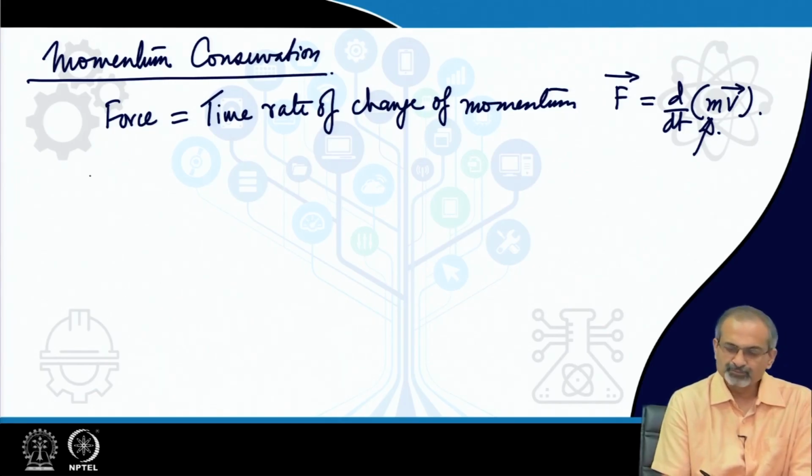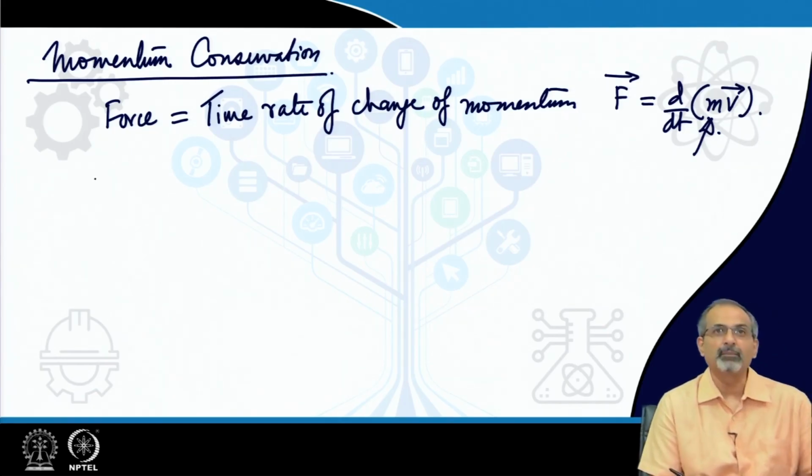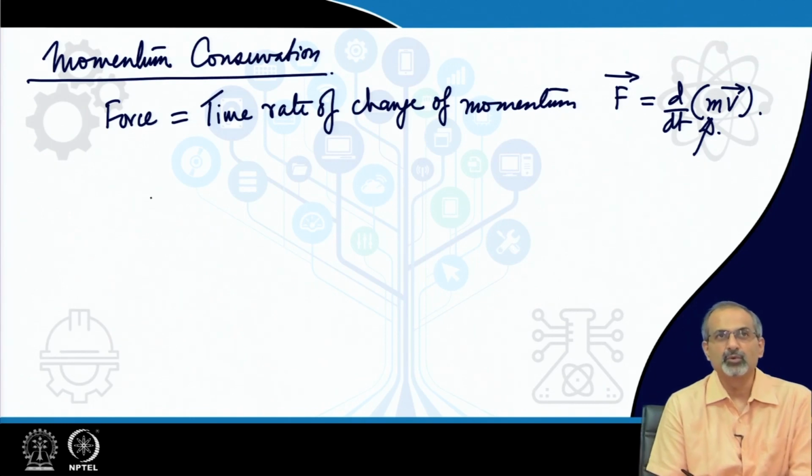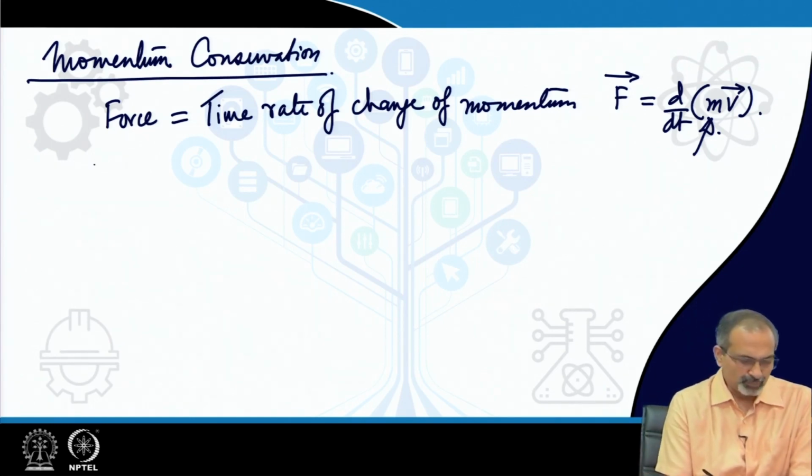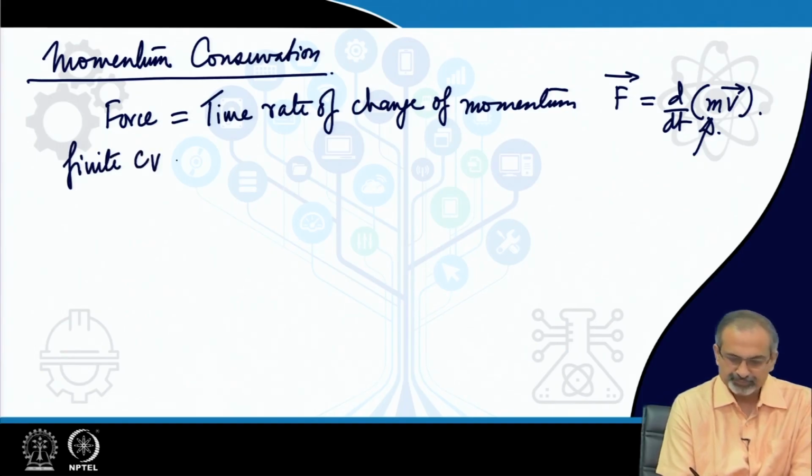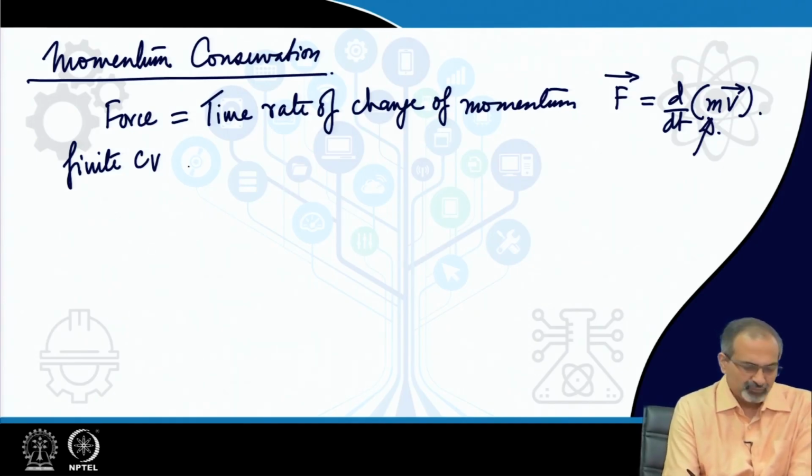Now, we have to still find a way to apply this equation to the flow which is moving through the finite control volume. So, as we do that, we should be able to work out an expression for the force part.